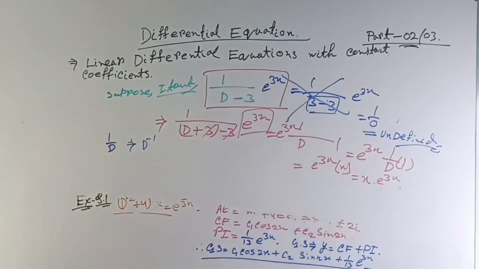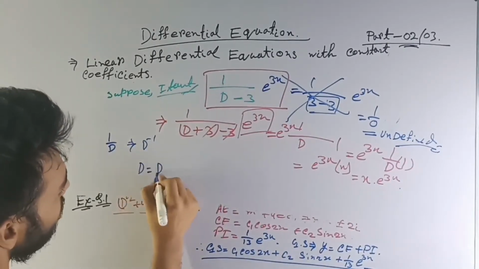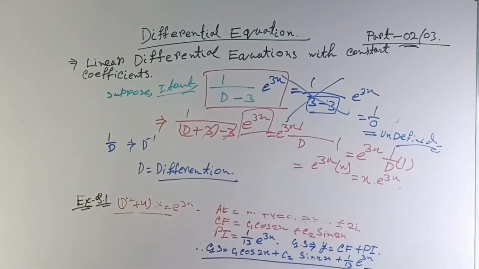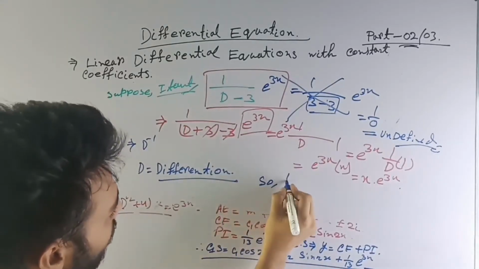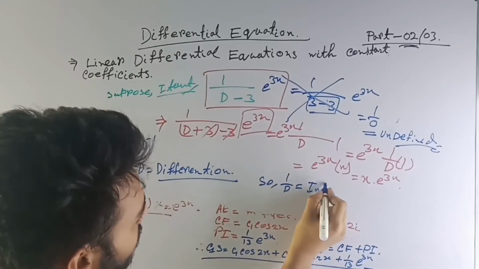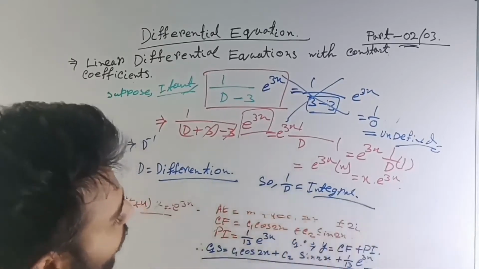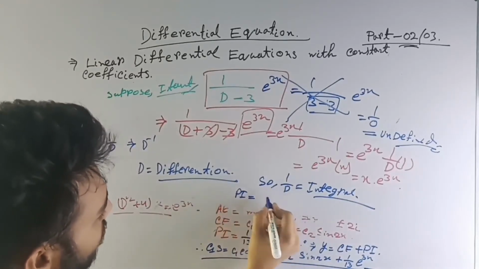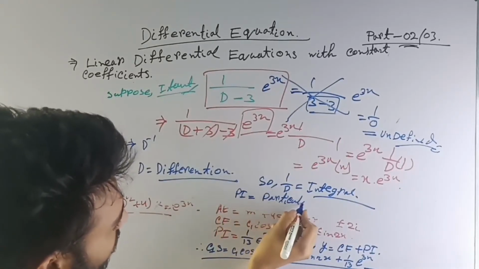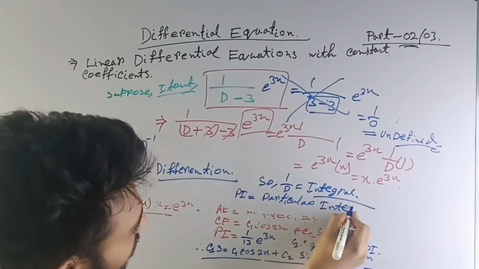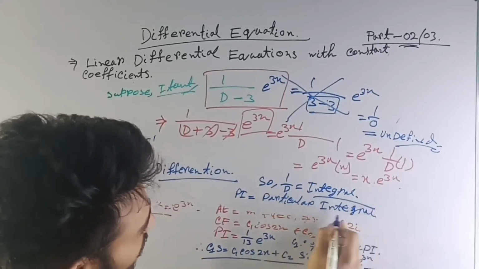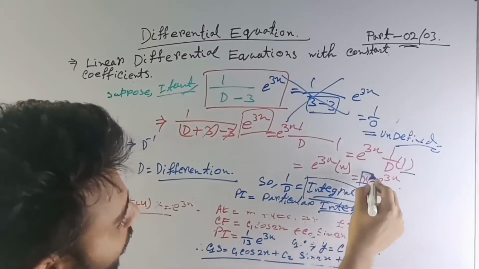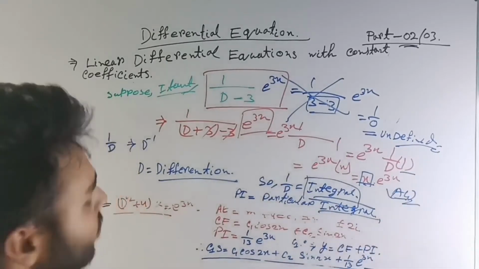Now 1 by d equals d inverse, as d means differentiation, the name of this chapter. So 1 by d equals integral, and here PI means particular integral. Particular integral, that's not an easy name, okay. So now 1 means x coming, so it's the answer.